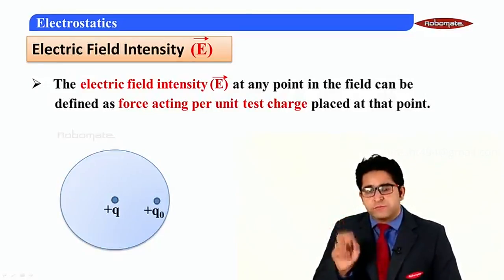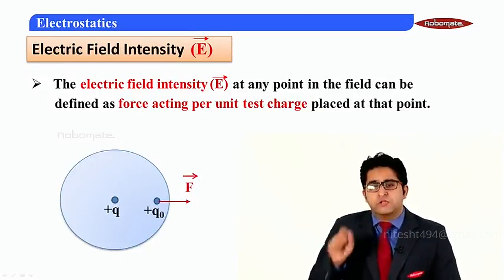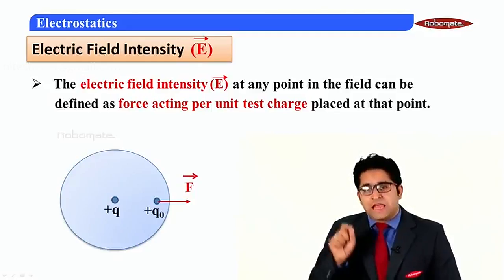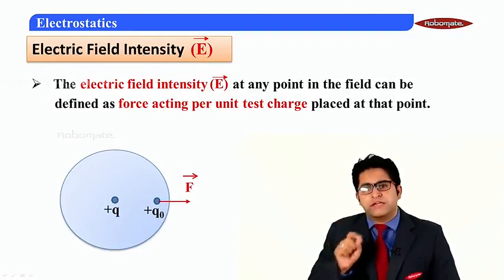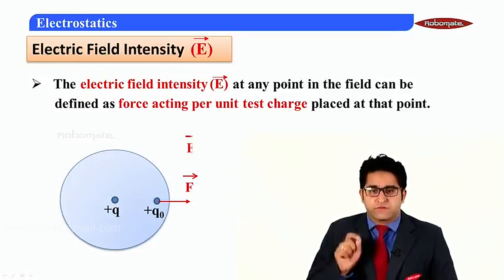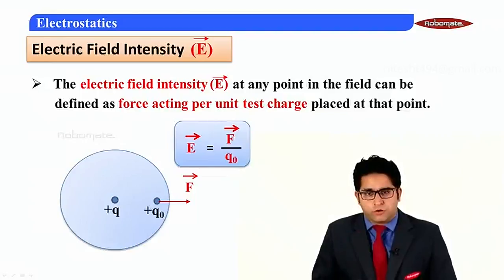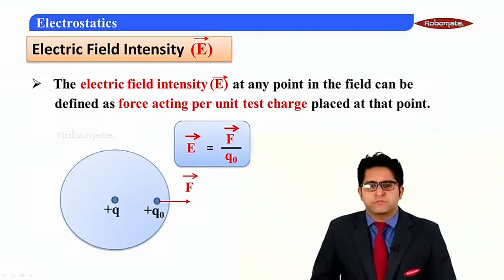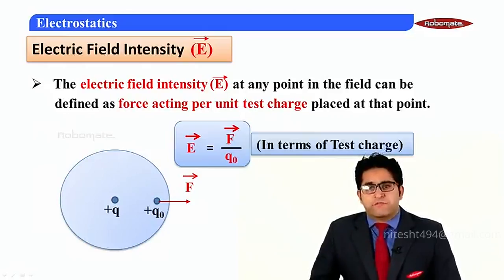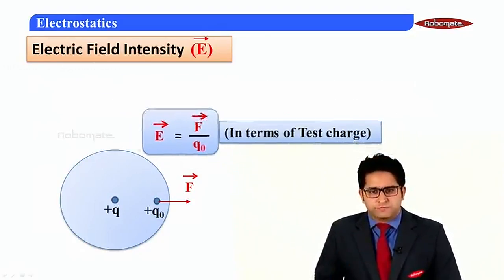So both charges being positive, there will be a force of repulsion over here. So I can say charge Q naught will experience a force, and this force per unit test charge is nothing but our electric field intensity. Therefore I can say vector E is equal to vector F upon Q naught. Now this is nothing but the formula for electric field intensity in terms of test charge. Now let us move further.